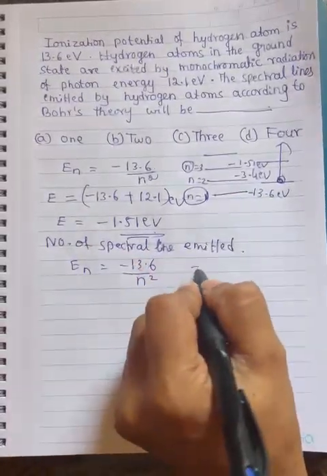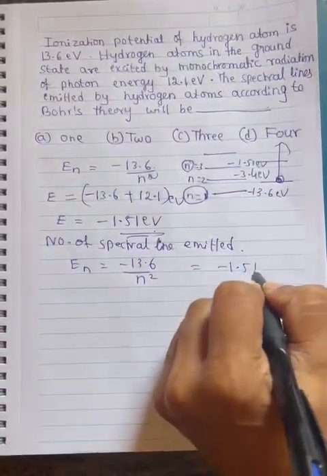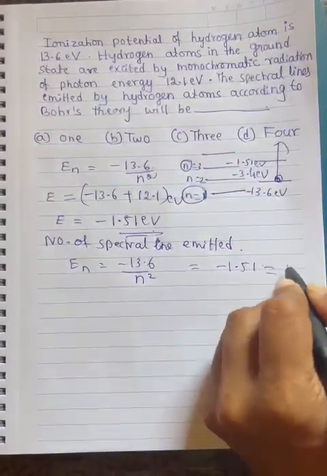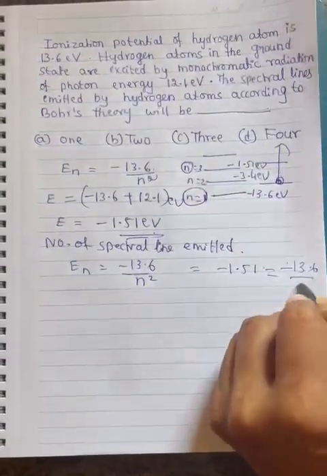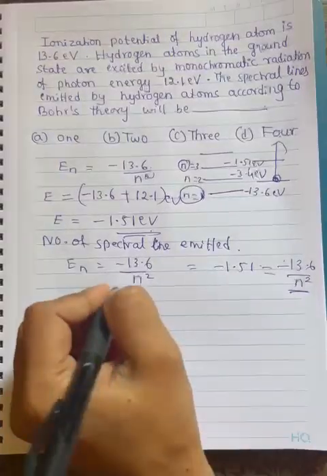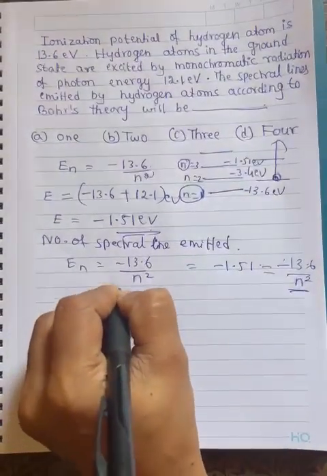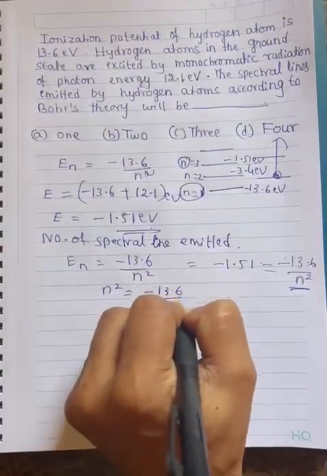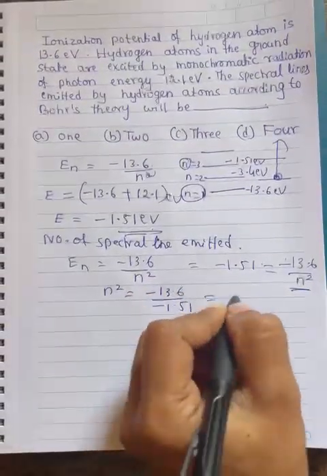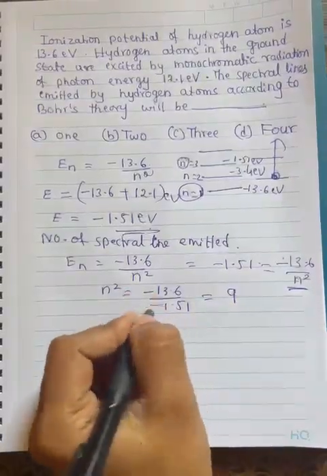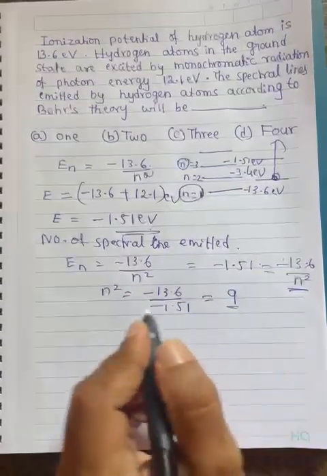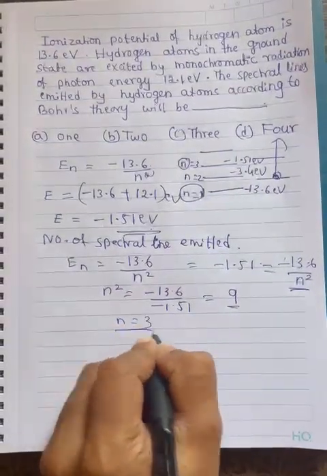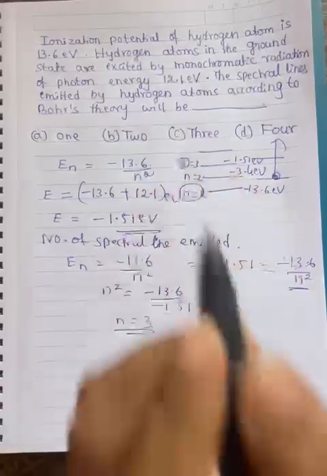Here En is minus 1.51, so minus 1.51 is equal to minus 13.6 by n square. We have to calculate the n value: n square is equal to minus 13.6 by minus 1.51. So it is 9, the minus signs cancel, n square is 9, so n is equal to 3, the same, that is the n is equal to 3 state.